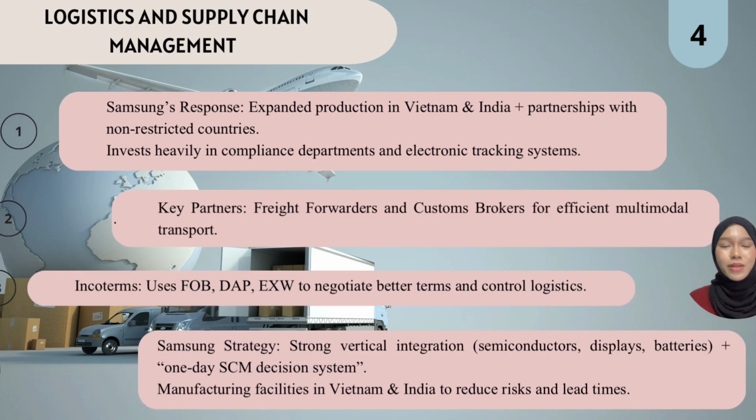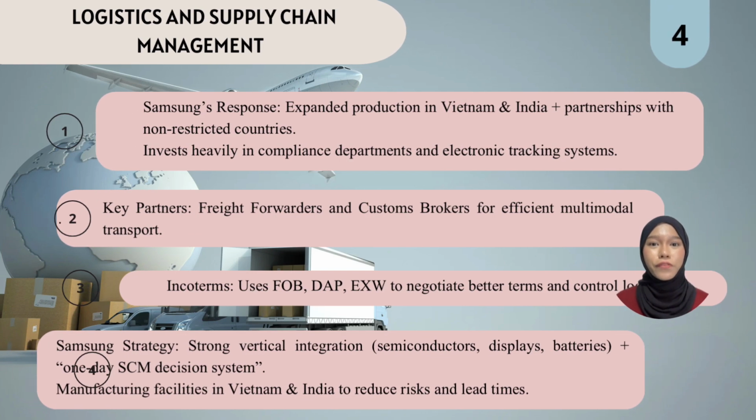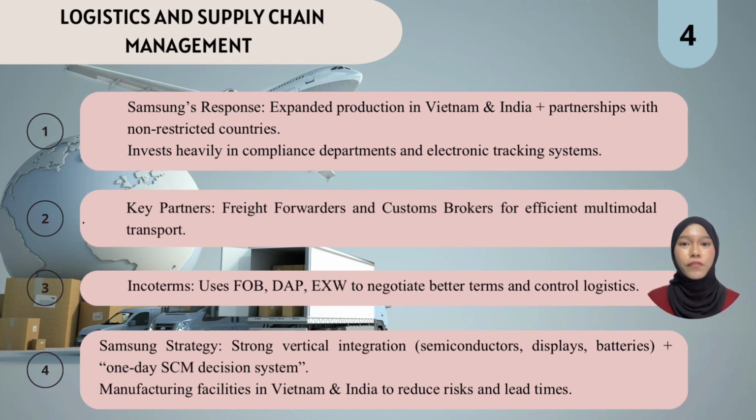Logistics and supply chain management are crucial in import-export. Samsung uses different modes of transportation depending on the product. Ocean freight for large volumes like batteries or displays, and air freight for time-sensitive, high-value items like semiconductors. They work closely with freight forwarders and customs brokers to make sure everything is delivered on time while keeping inventory costs low.